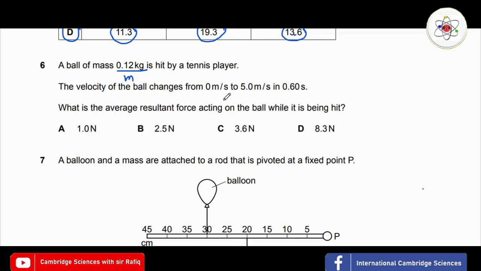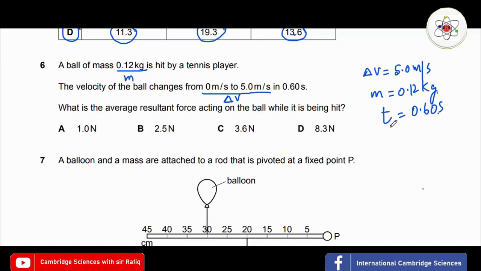It's very easy. The change in velocity is 5 minus 0, which is obviously 5 meter per second, the mass is 0.12 kg, and the time taken is 0.60 second.